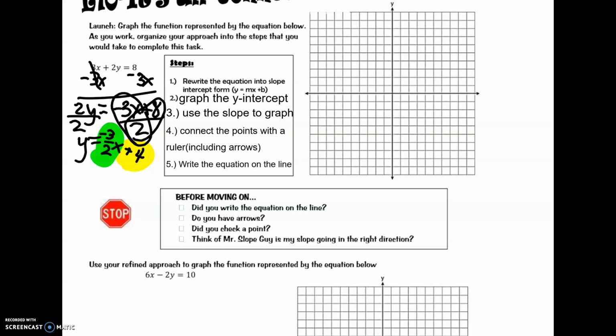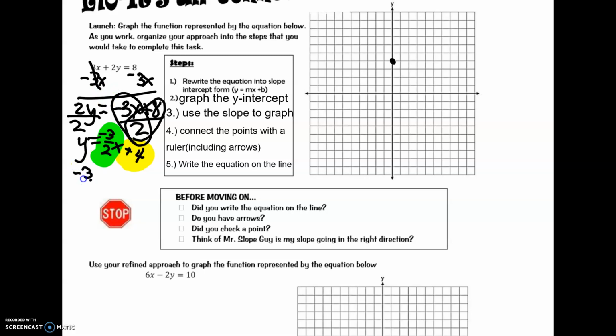I'm going to start by graphing my y-intercept, which here is 4. So I'm going to go up 1, 2, 3, 4, and I'm going to make a point. After that, I'm going to use the graph and the slope -3 over 2.